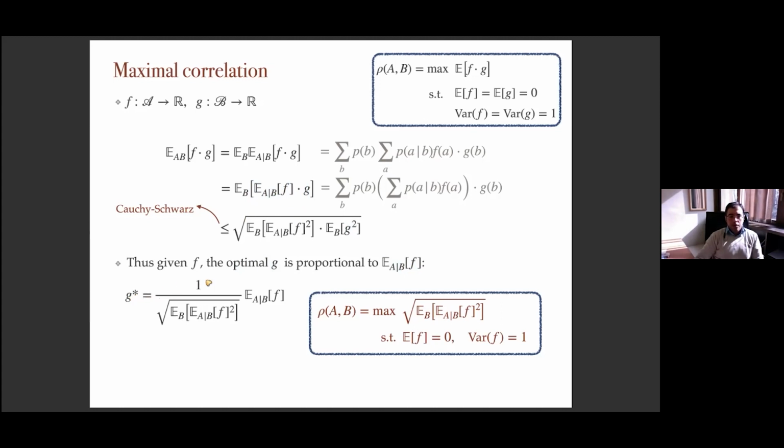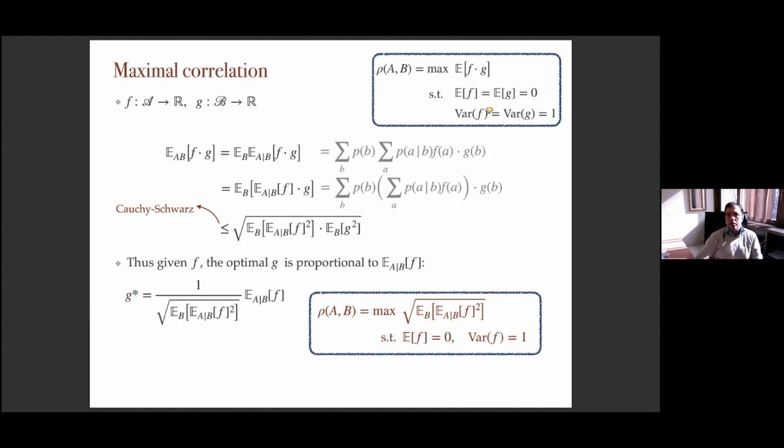By G star, I mean the best function, the optimal function for the choice of F. This number is chosen so that this variance condition is satisfied, so that G star is normalized.